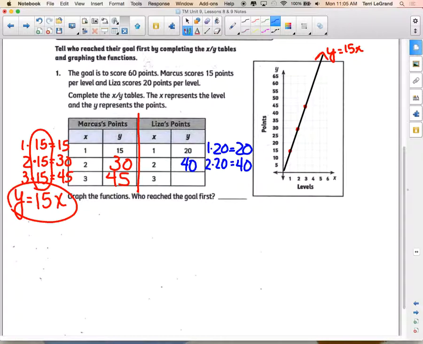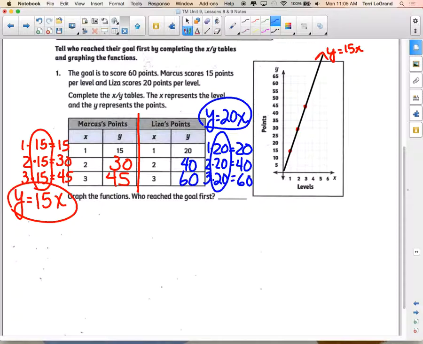And at level 3, 20 points times 3 is 60. Okay, let's write an equation for that one. I'm going to write it above this time. What's the multiplier this time? 20, so what's our equation going to be? Y equals 20x this time. That is Liza's equation.